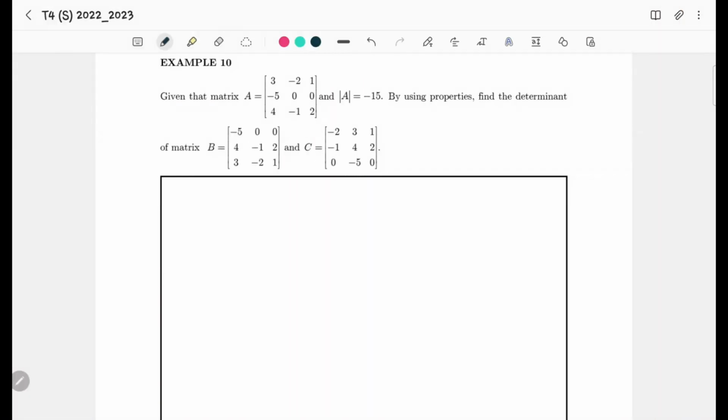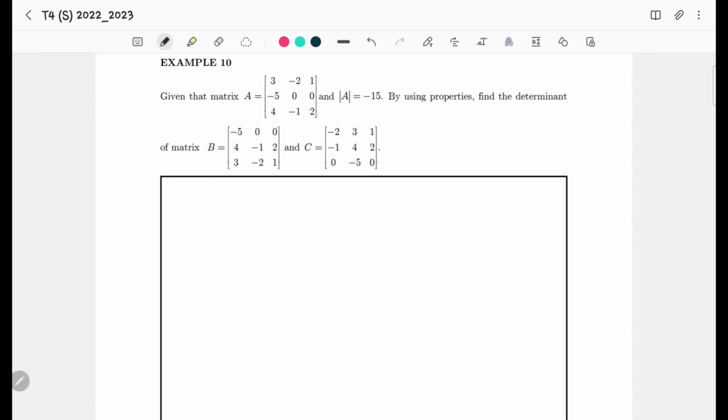Matrix A is as such, and the determinant of A is negative 15. By using properties, find the determinant of matrices B and C. Let's take a look at matrix B first.